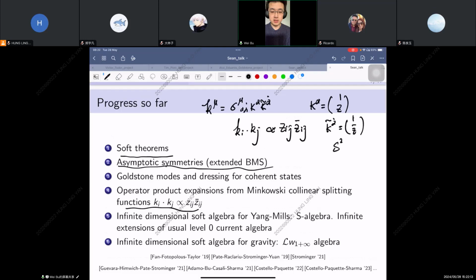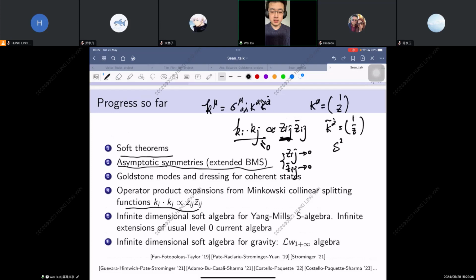I'm using these coordinates. So essentially, ki.kj, which is the two external momenta for two massless particles in the scattering amplitude, when they become collinear, this is 0. Two collinear vectors dotted with each other give 0. Correspondingly, you can see this as zij going to 0 or z bar ij going to 0.